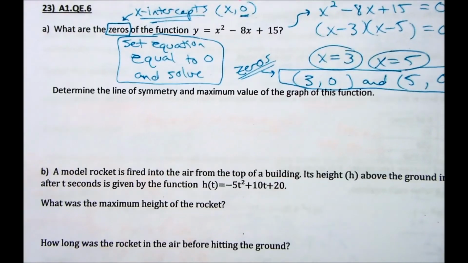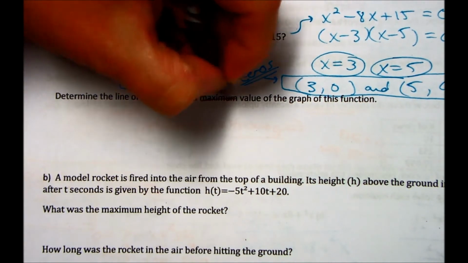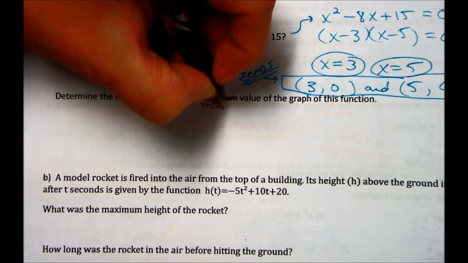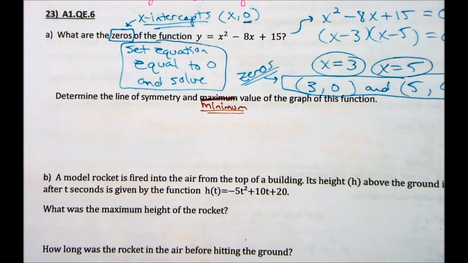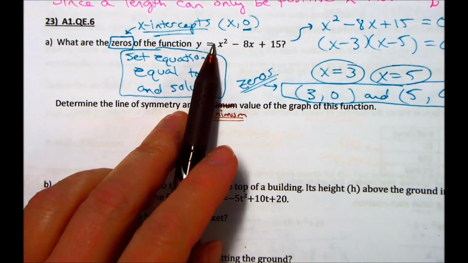Okay, the next one here says to determine the line of symmetry, and I believe we have a typo here. Instead of maximum value it should say minimum. And the reason I know that is because if I look at the equation, the a value is positive, which means that the parabola has to open up.